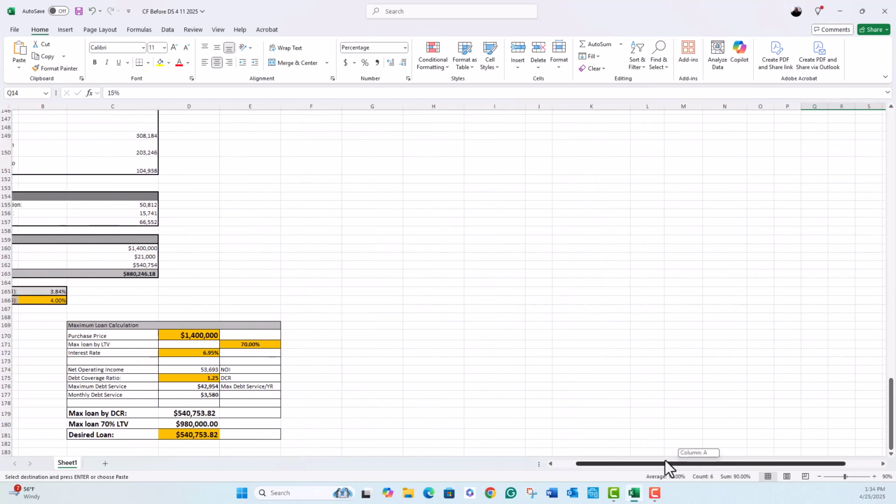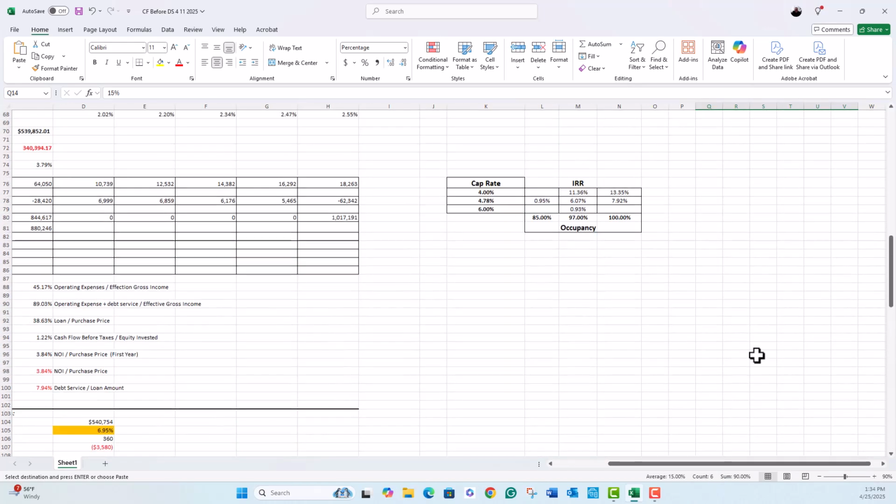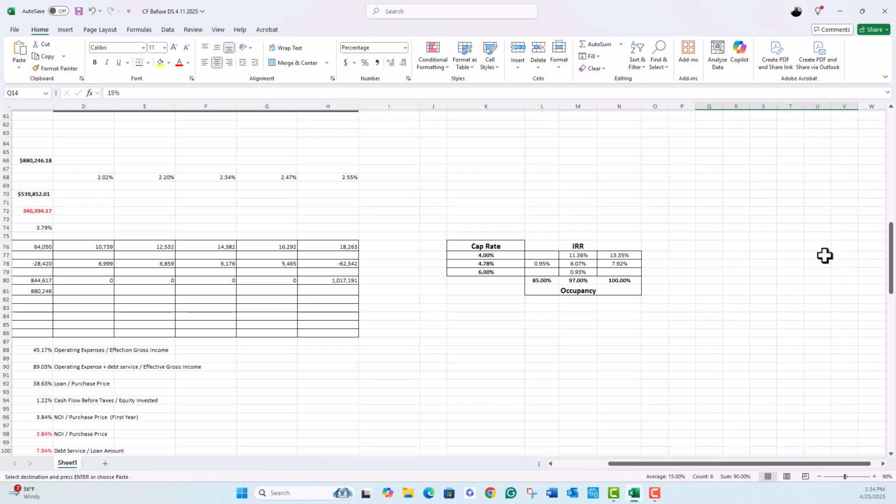Yep. Go back up. And the internal rate of return is 3.79. So if the market improves, people are willing to spend more, and the cap rate goes down for the property, the maximum return we can achieve at 85% occupancy is 3.79%. Just keep all that in mind for a second.